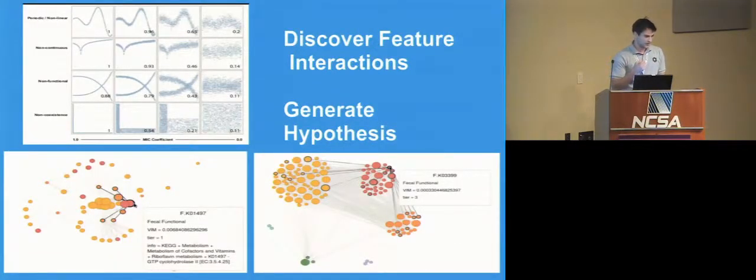So we can now algorithmically estimate the uncertainty around how a particular feature in a data set, and by feature I mean a particular metabolite or a particular gene location, is affecting an individual.